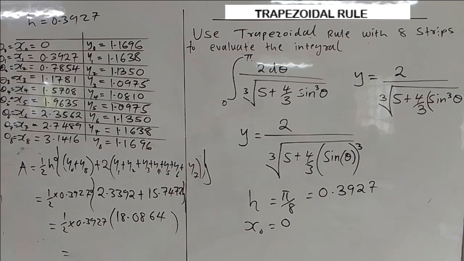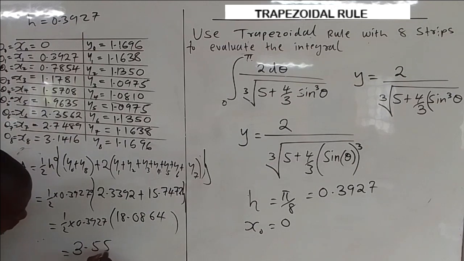What do we get with the answer? 3.5513. That is the approximate area.